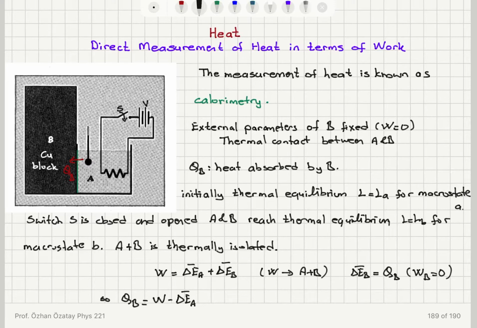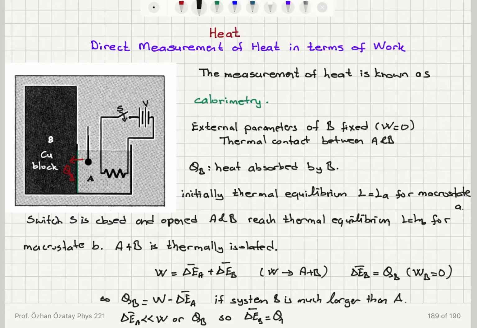And if system B is much larger than A, with many more degrees of freedom, then the mean internal energy change of system A will be much less than W. Most of the energy will be transferred to system B. So delta E_B bar, which is the heat absorbed by system B according to the first law of thermodynamics when there is no external work, is just the heat.